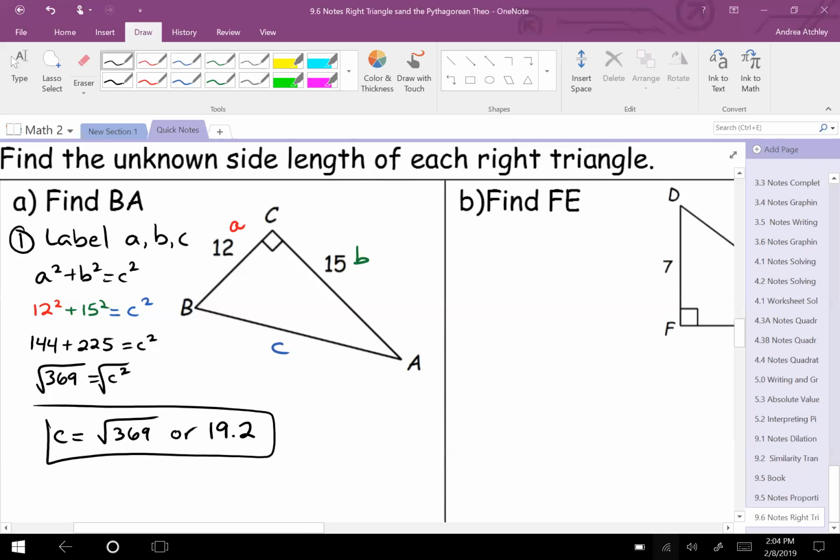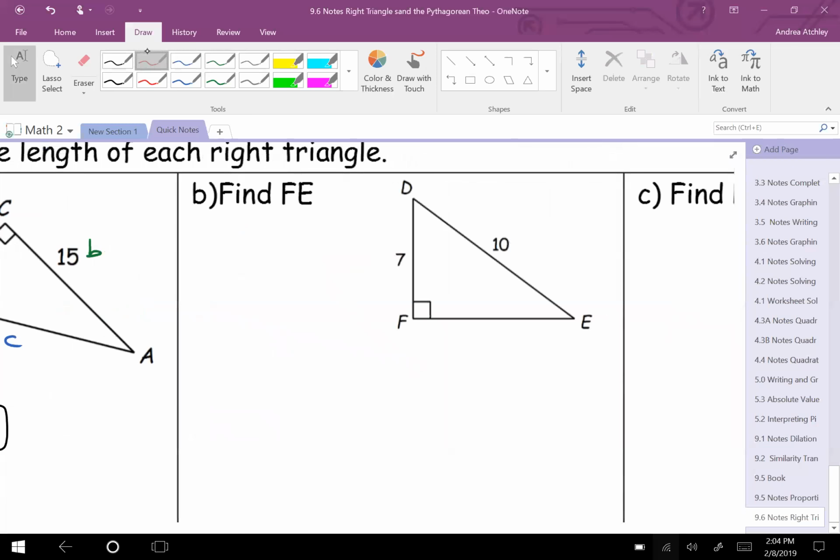Okay, we're going to do the next one, B. Same idea. I'm going to label A, B, and C. This is A, B, and the hypotenuse is C. So then we're going to get 7 squared. This time we're finding B, so B is squared, and it equals 10 squared.